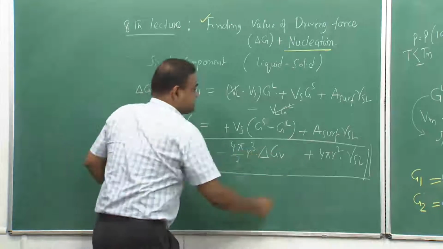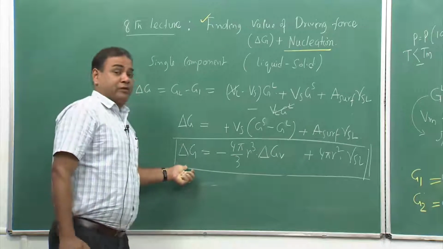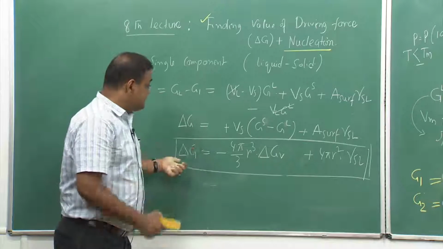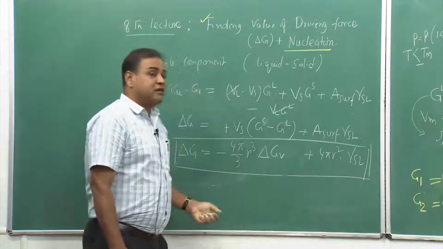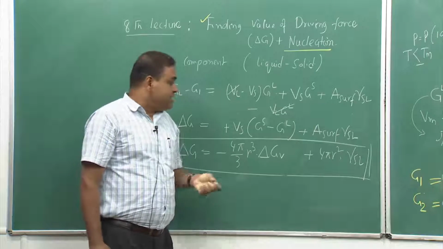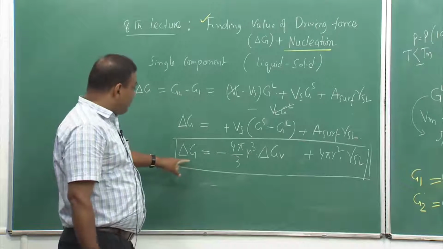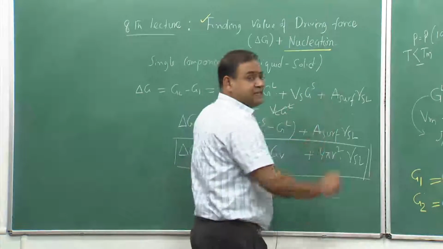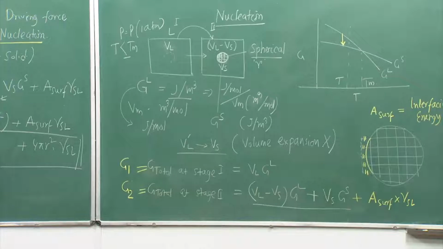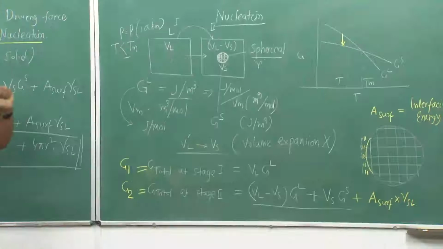So, this is my expression where I will be working. Rather, we will see that from this we get an expression for the nucleation. Okay. So, this is the expression, and also you see this del G is the difference between stage 1 and stage 2, and this del G V is the difference between liquid to solid transformation.